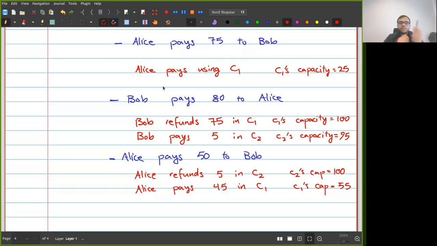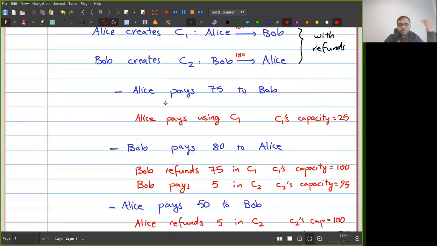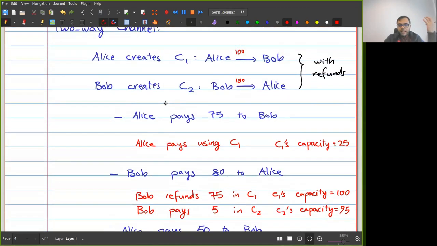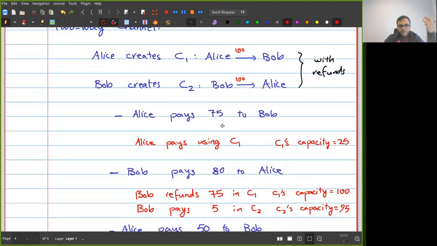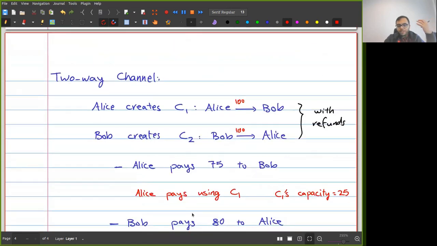These are just transactions that are being signed and sent between Alice and Bob. This is an off-chain protocol. Everything is off-chain. And as you see, now I can transfer as much money as I want, as long as I also use the refunds for my transaction.